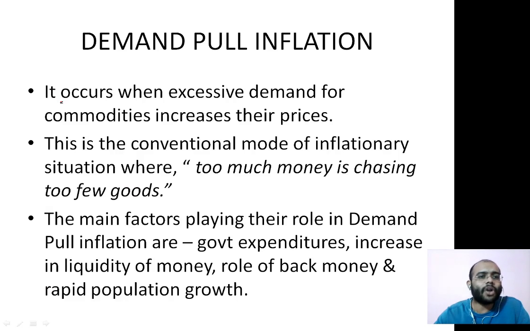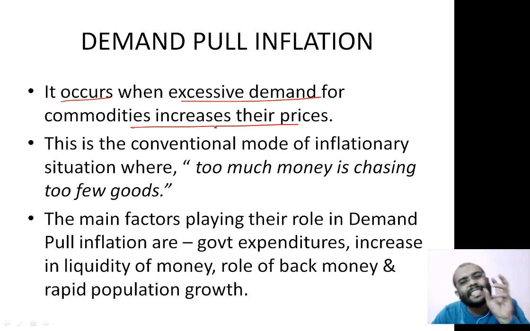Demand pull inflation occurs when excessive demand for commodities increases their prices. As I told you previously while giving the example of apples, excessive demand, more than expected demand, for commodities will definitely lead to a shortfall of those commodities in the market, thereby leading to an increase in prices. This is the conventional mode. Remember this.